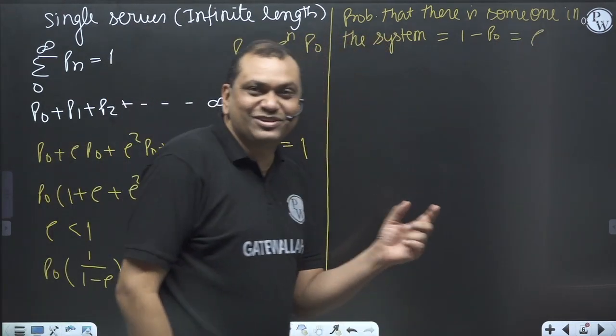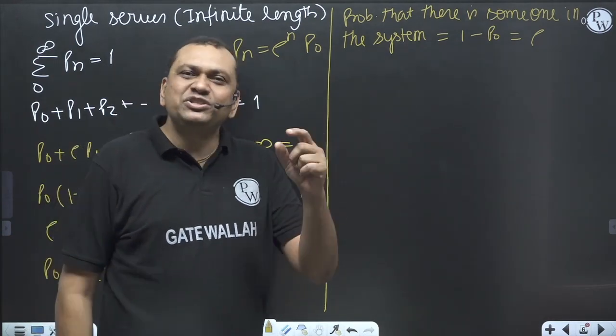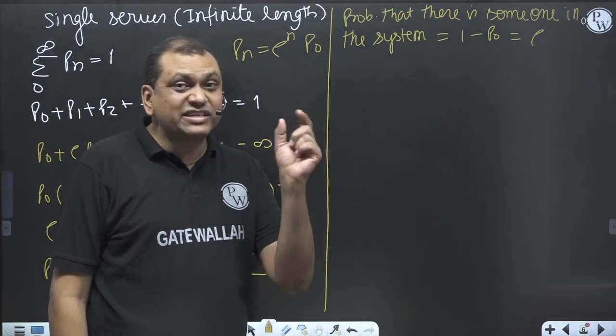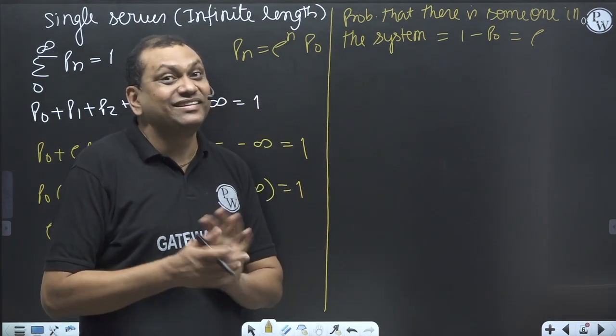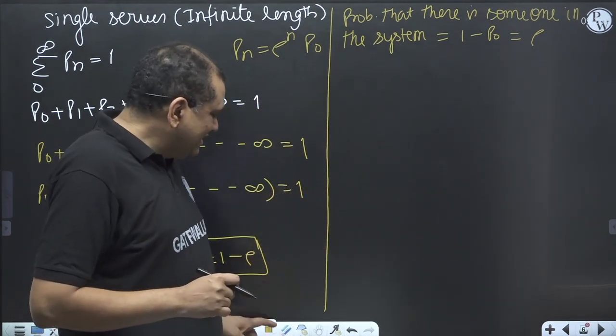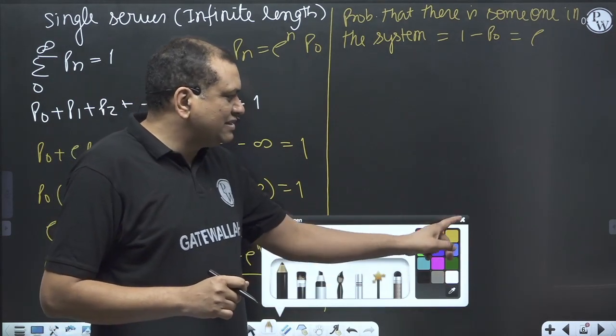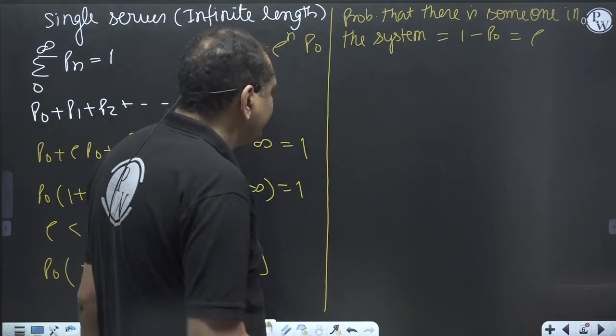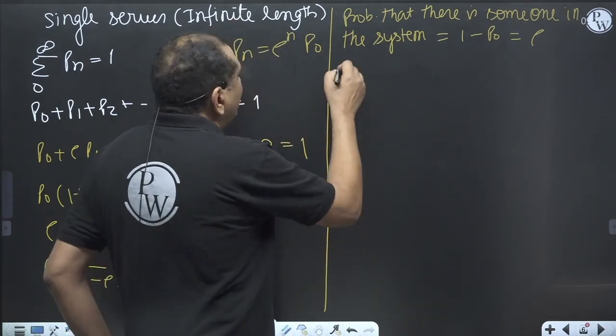That is the reason rho is called percentage utilization of the server. Correct? See, everything will come from these formulas. Now, length of system.